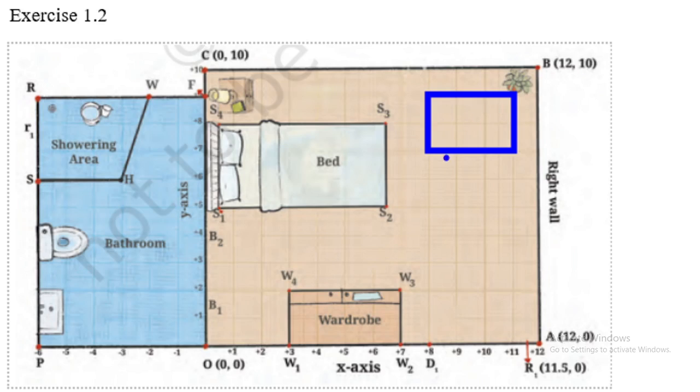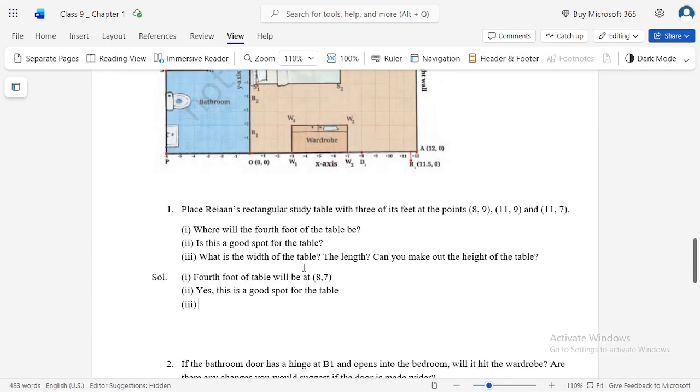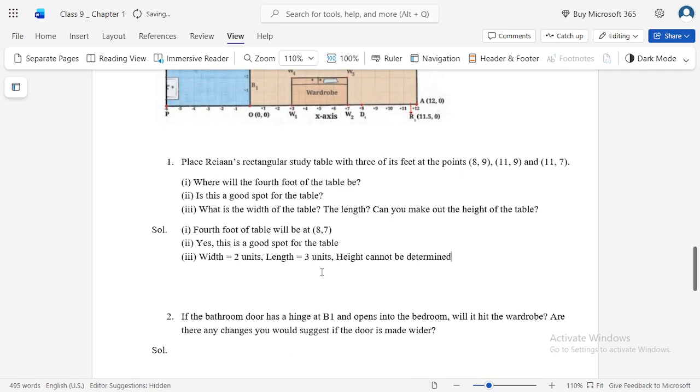To talk about height, this is a 2D image, so we cannot predict the height of the table. So width equals 2 units, length equals 3 units, and height cannot be determined. We have finished answering the first question.